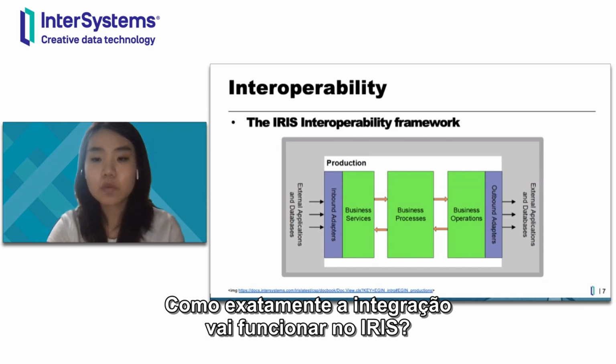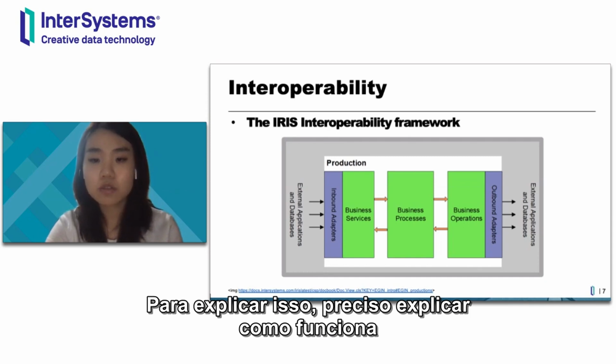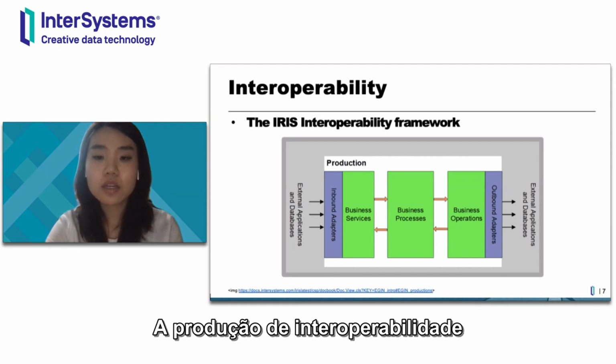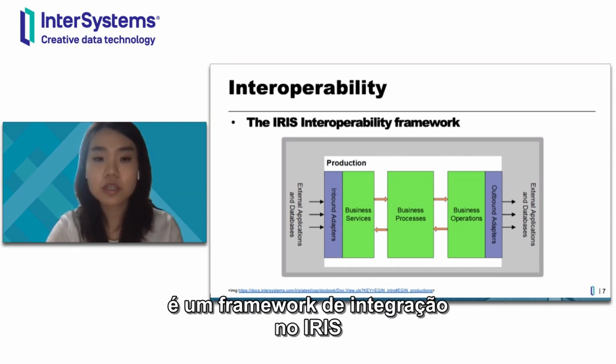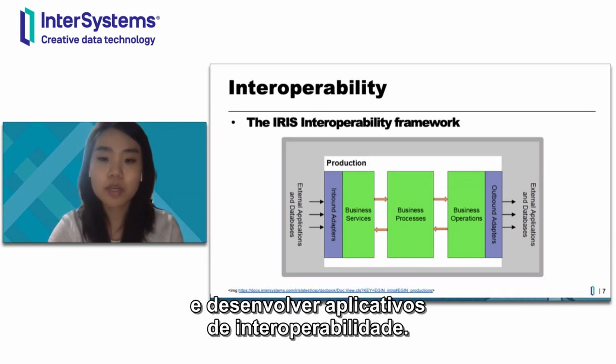So how exactly will the integration work on Iris's side of things? To explain this, I will have to explain to you how the Iris interoperability works. The interoperability production is an integration framework in Iris for easily connecting systems and also for developing applications for interoperability.